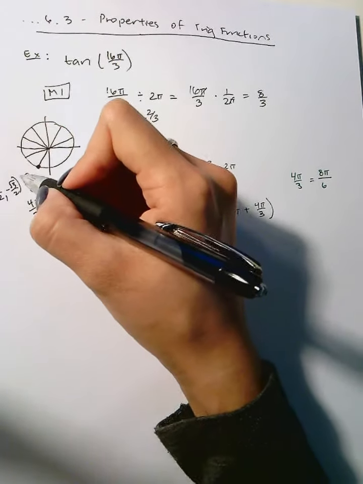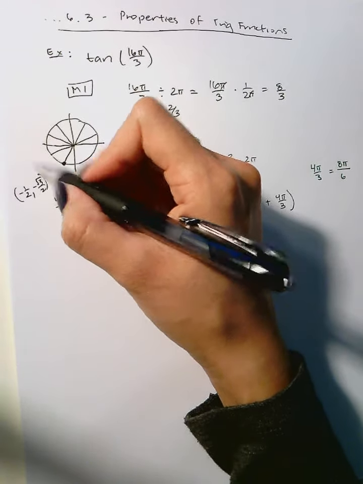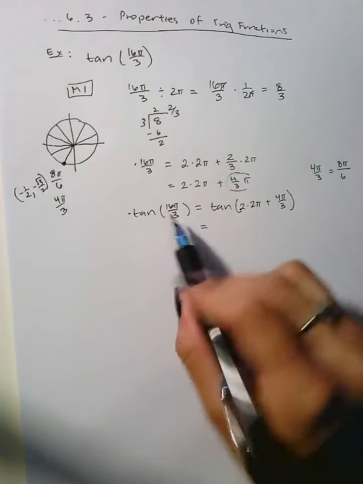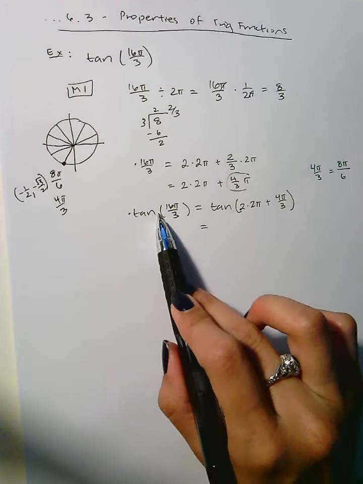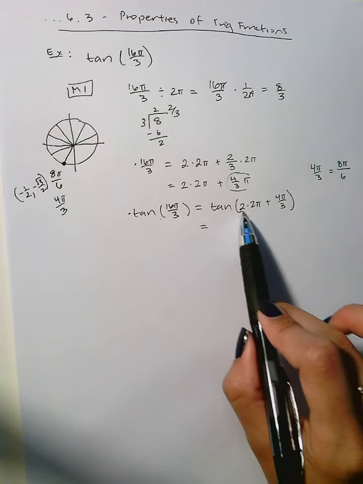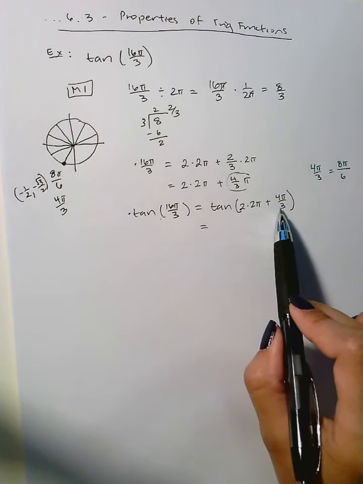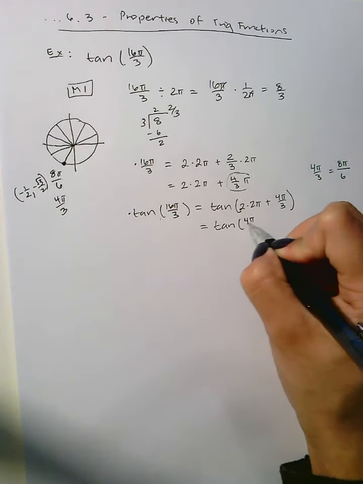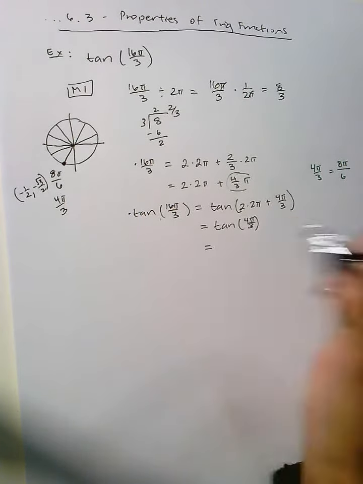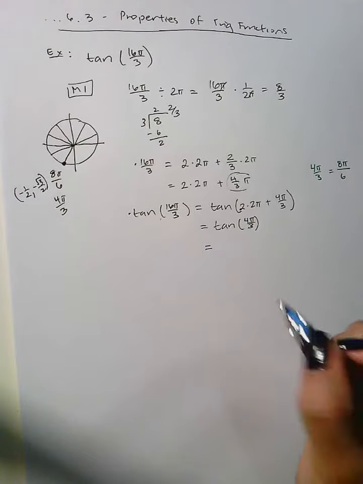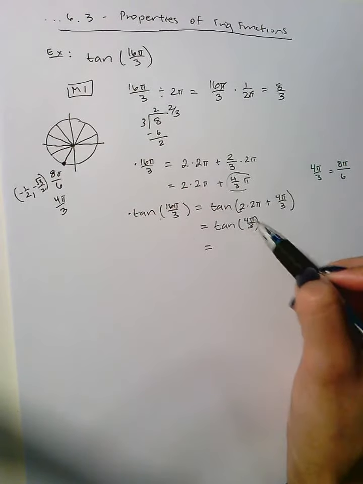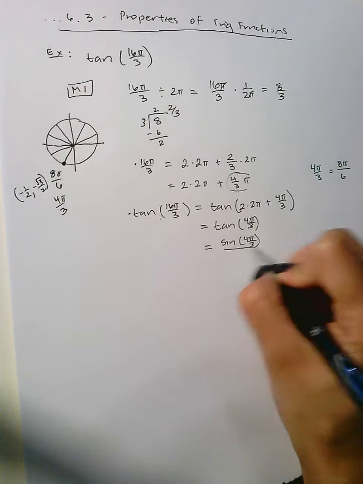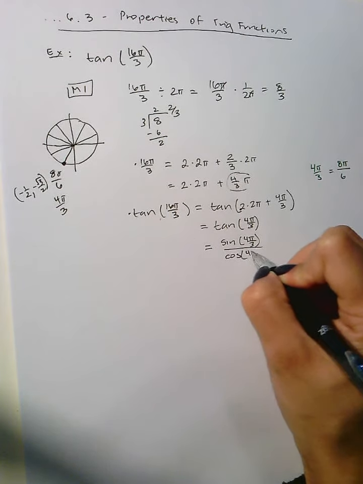That means sine is equal to negative radical 3 over 2, cosine is equal to -1/2. So because tangent of this angle is equal to tangent of 2 of these full revolutions plus 4 pi over 3, this is equal to tangent of 4 pi over 3. So I'm going to take the sine of 4 pi over 3 and divide it by the cosine of 4 pi over 3.